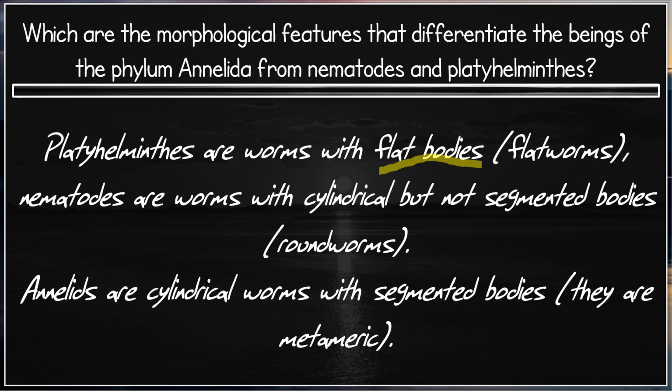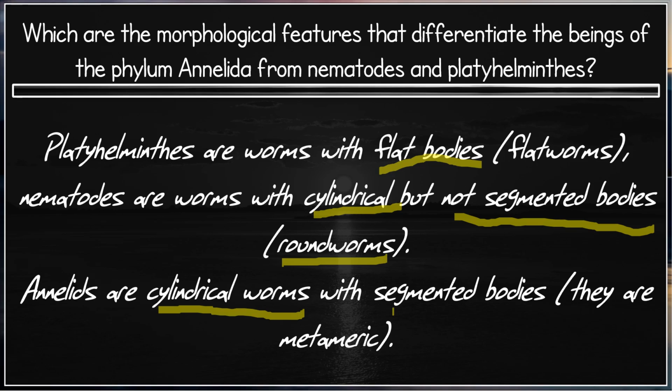They are flatworms. Nematodes are worms with cylindrical but not segmented bodies. Those are roundworms. Annelids are cylindrical worms with segmented bodies. They are metameric.